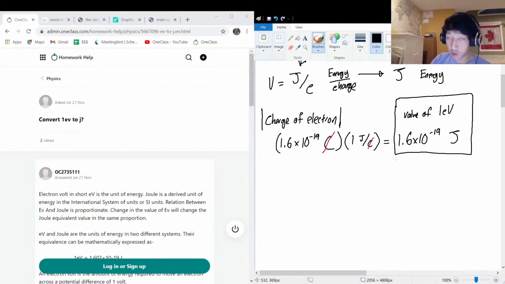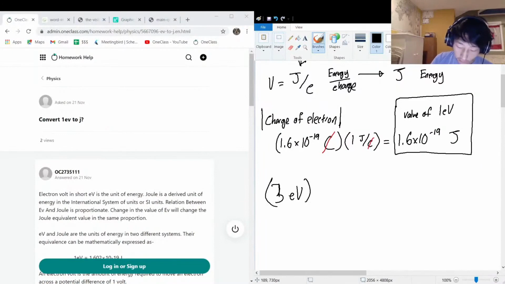If you want to go the other way, let's say you're given something in electron volts. Let's say you have 3 electron volts.